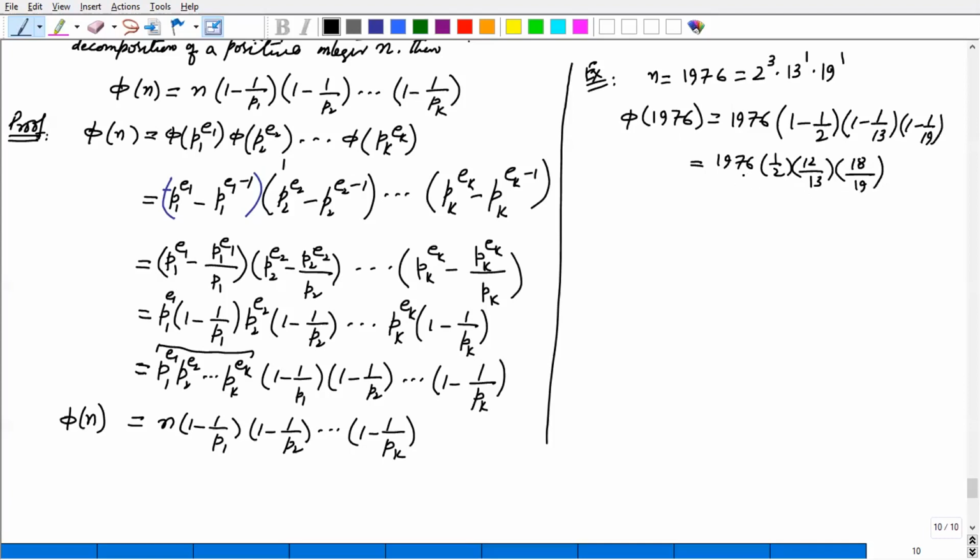So when 1976 is divided by 13, 19, and 2, this gives you 4. Okay, because 2 cube here, so this is 4. So 4 times 12 times 18 is 864. So this is 864. So this is a very easy procedure to find the phi of any number.